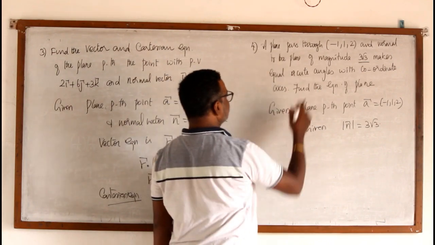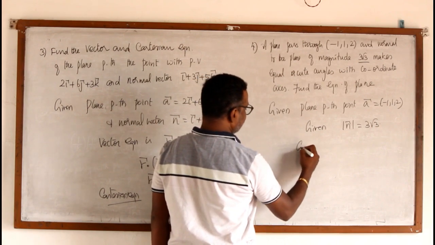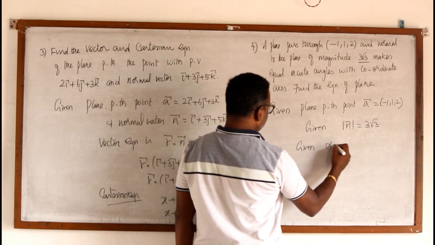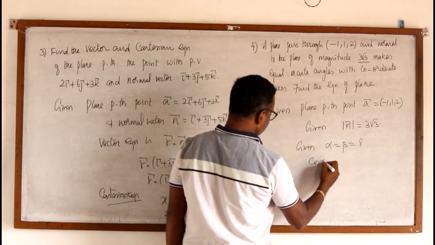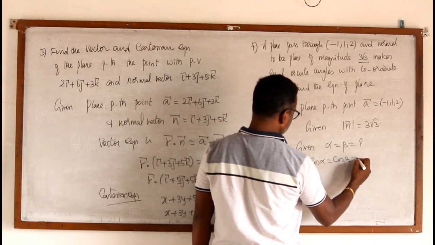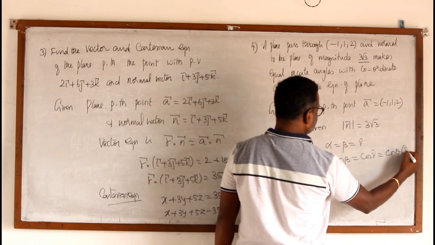For that we shall take what is given. It makes equal acute angles, that is alpha equal to beta equal to gamma. That means cos alpha equal to cos beta equal to cos gamma. Shall I take it as cos theta itself?